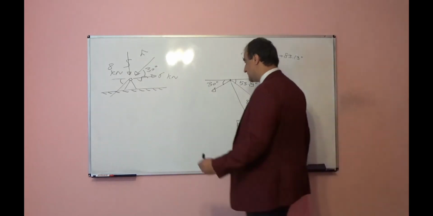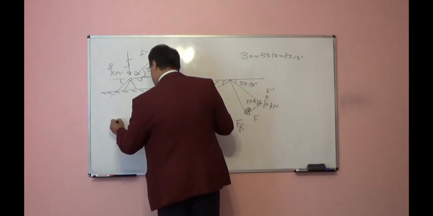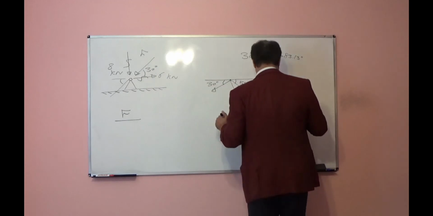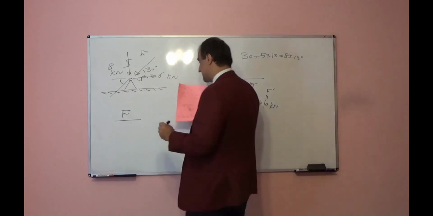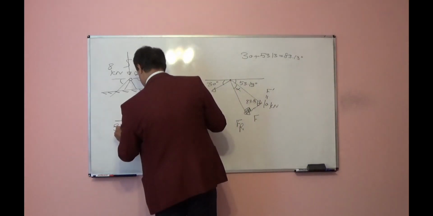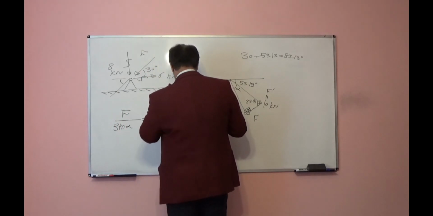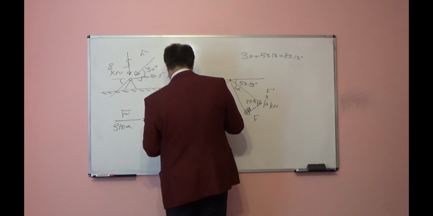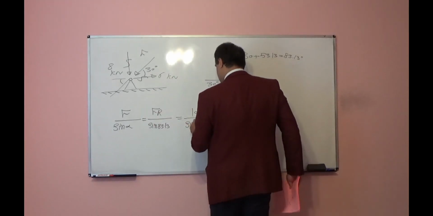If they are perpendicular to each other, in this triangle I can write the law of sines. F divided by sine alpha is equal to Fr divided by sine 83.13, that is equal to 10 divided by sine 90.